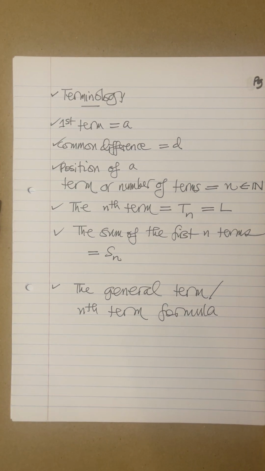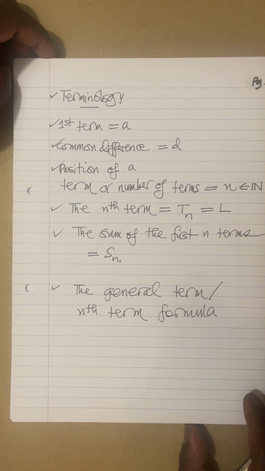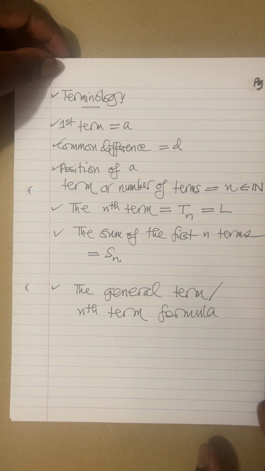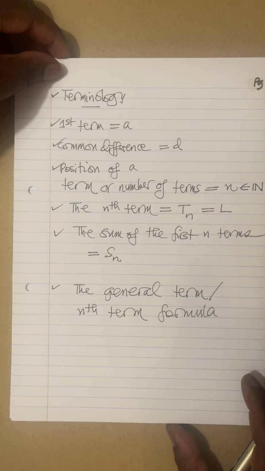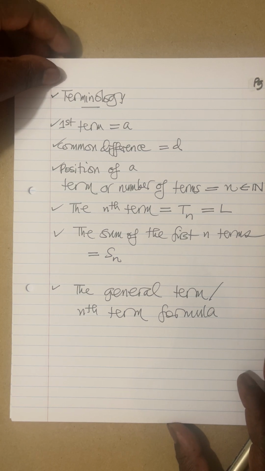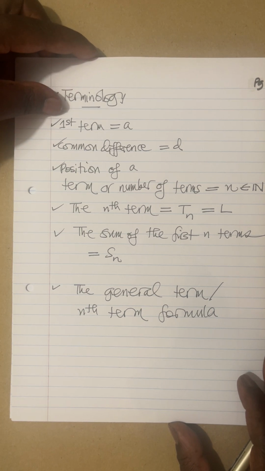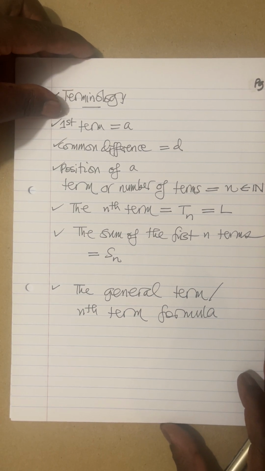We want to be able to generalize any arithmetic sequence using a formula, in terms of how we determine the term at position 100 or at position 1000. I don't have to write out the entire sequence until I reach term number 1000. I can work it out by using a formula. So that's what we want to do now.